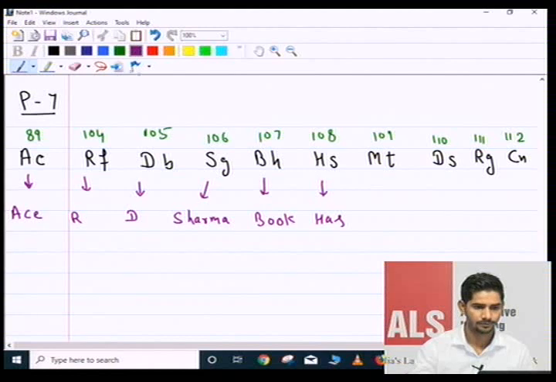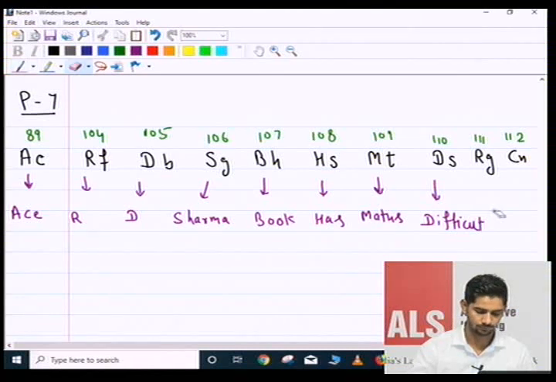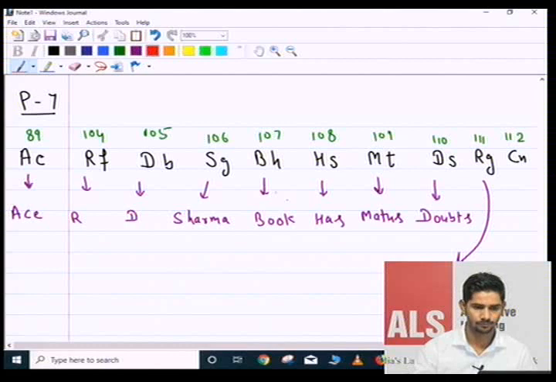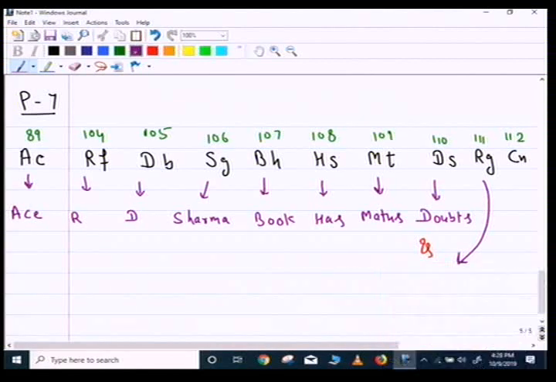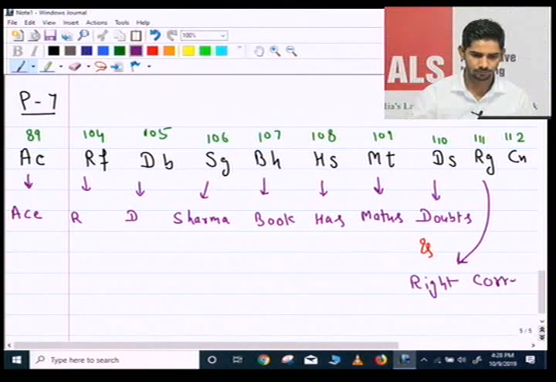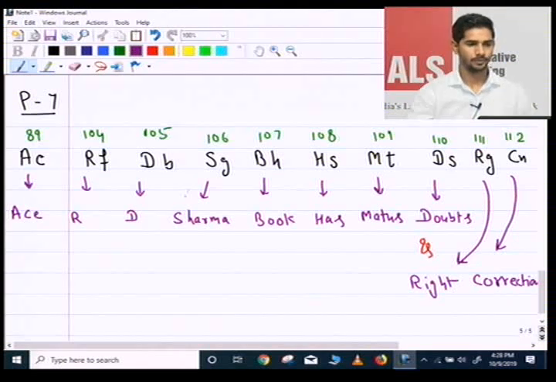Has maths difficult, or we can say maths doubts and right corrections. Please copy this one.